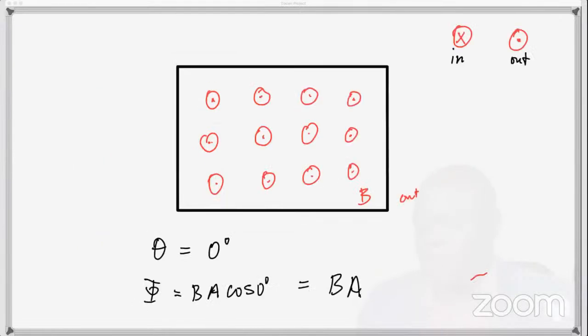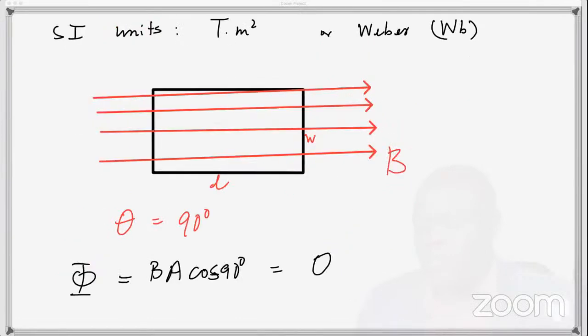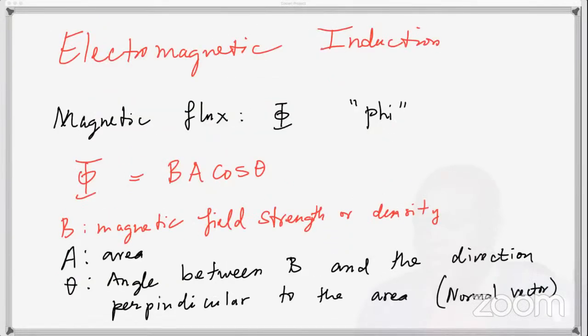I can go back to where we define the angle. Can you read this for us? It says the angle between B and the direction perpendicular to the area. Okay, that's the normal vector. And by definition, this direction is always out of the area or away from the area.